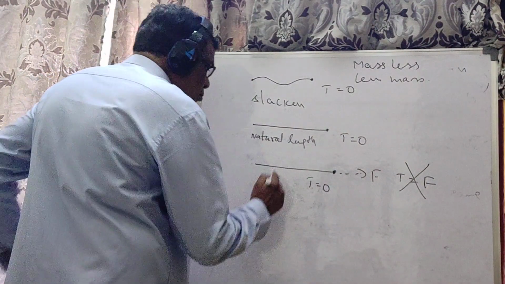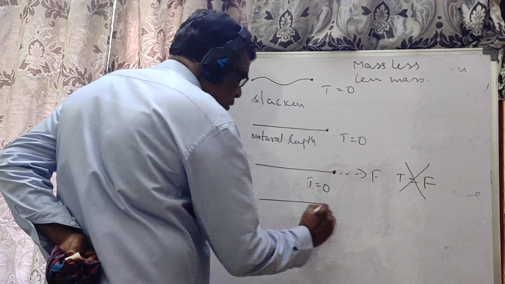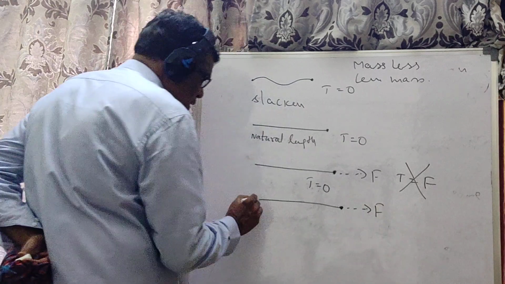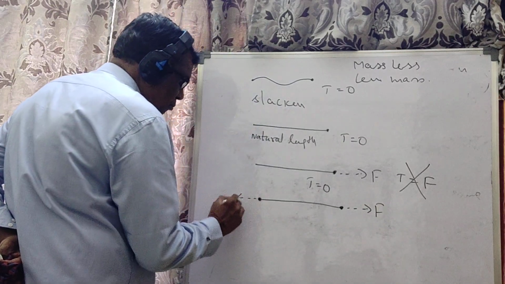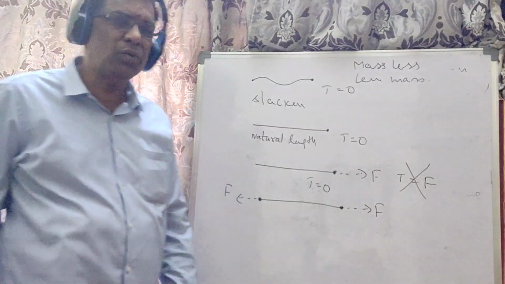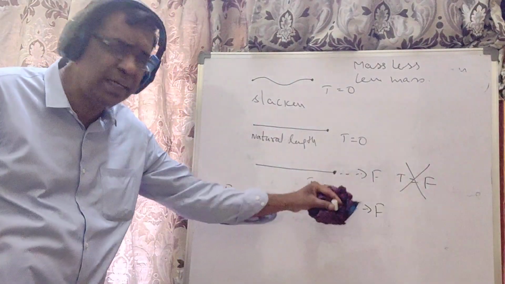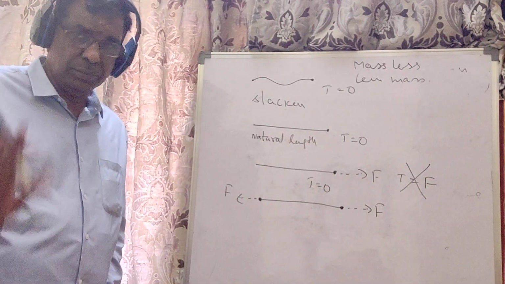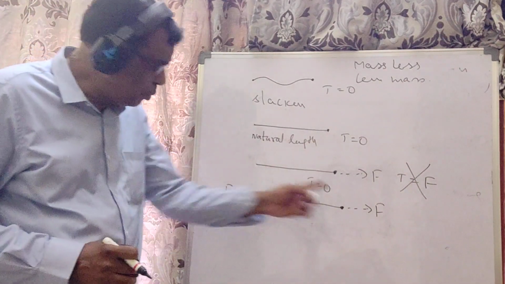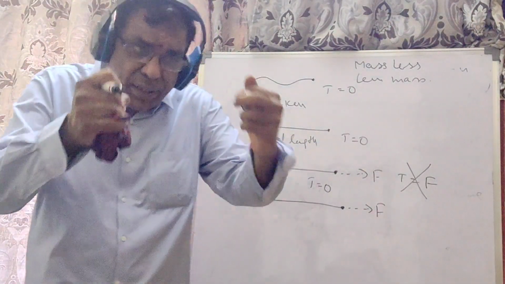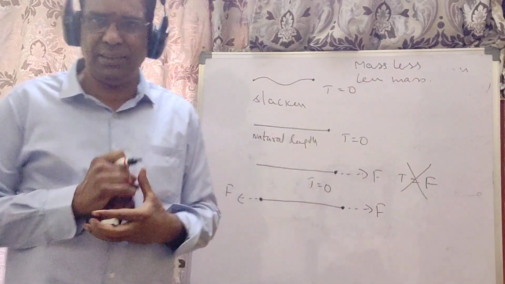Now, next, I am applying force F here. Both sides I am applying the force. What is the net force on this body? Plus F minus F, zero. Now it is trying to stretch it.